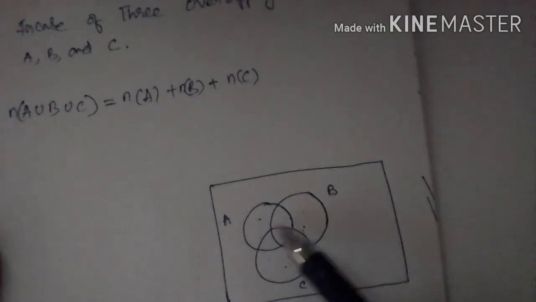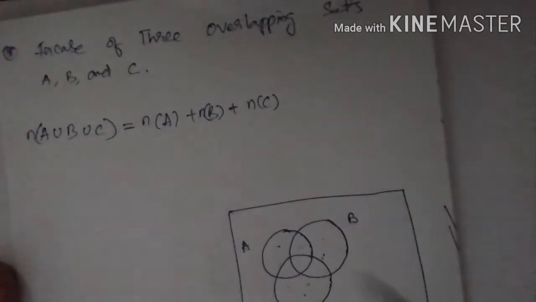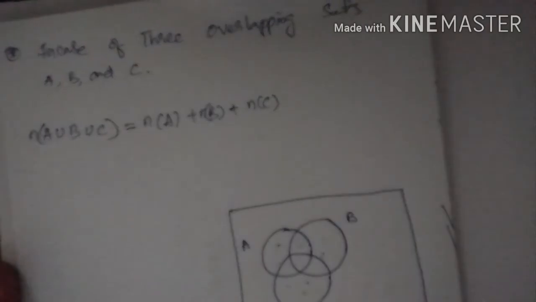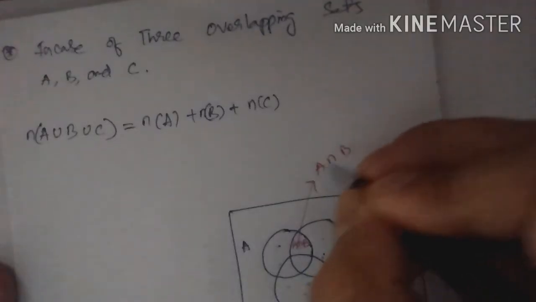Since this portion is being counted twice, we have to subtract this portion, A intersection B, because this portion is A intersection B.